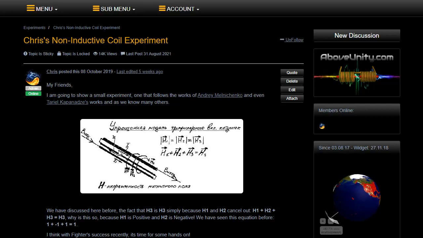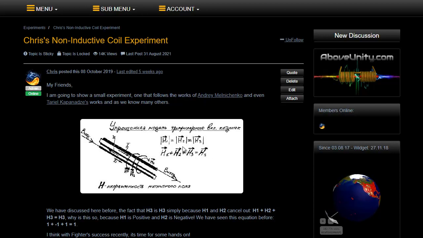So in a symmetrical transformer with 2 wires, H1 plus H2 would equal 0. What Andrei Melenchenko is showing here is exactly what I've just explained. H1 plus H2 plus H3 equals H3.